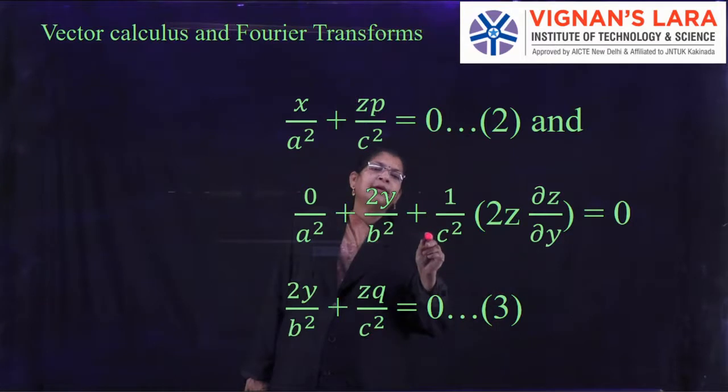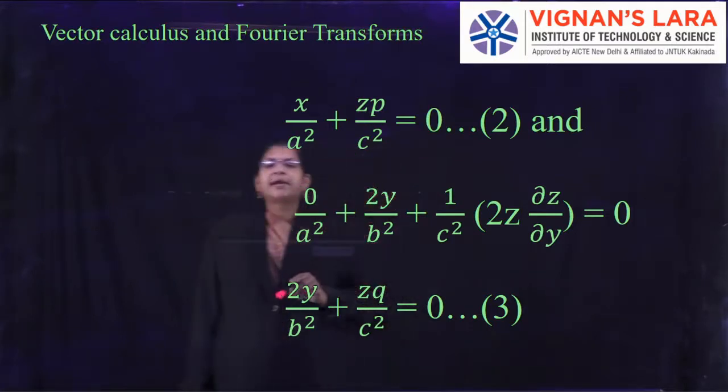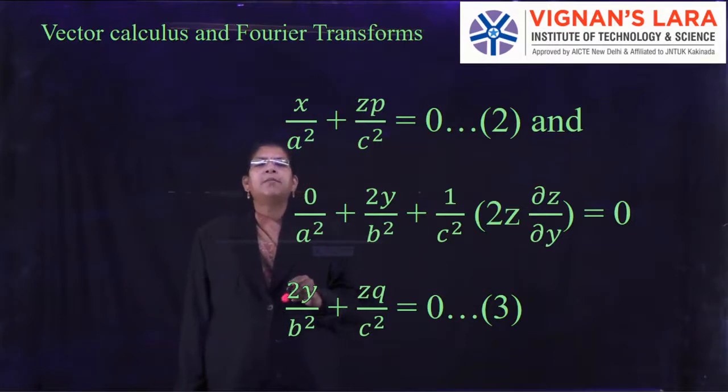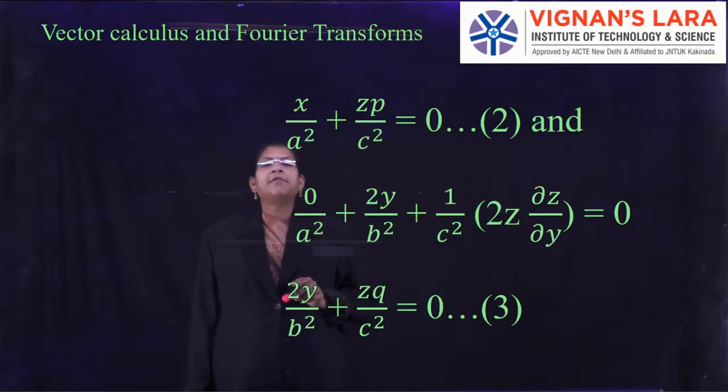Now divide both LHS and RHS with 2. If you divide both LHS and RHS with 2, the first term will become 0. In the second term, here is a correction. It is not 2y. It is only y because we have divided with 2. So what is the second term? It is y by b square, not 2y by b square.